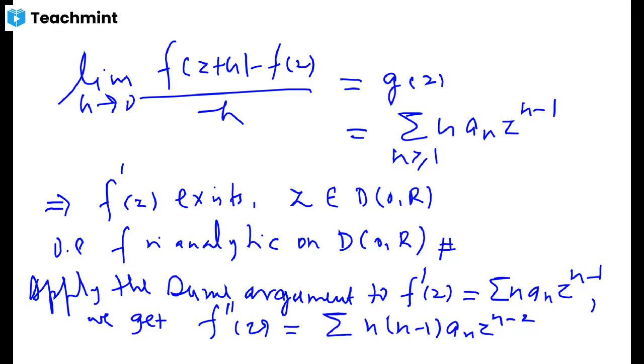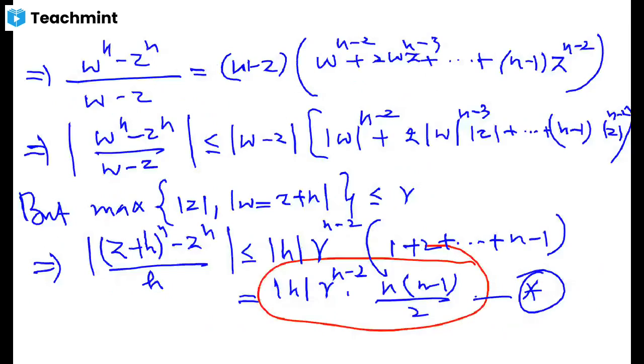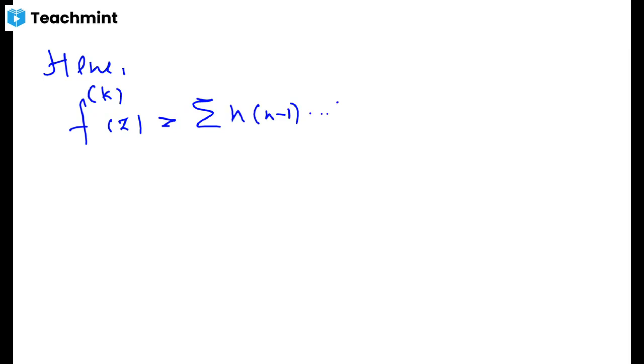And hence in this way you will get the kth derivative of f at z to be equal to the summation of n into n minus 1, and so on up to n minus k plus 1, into a n, z to power n minus k.